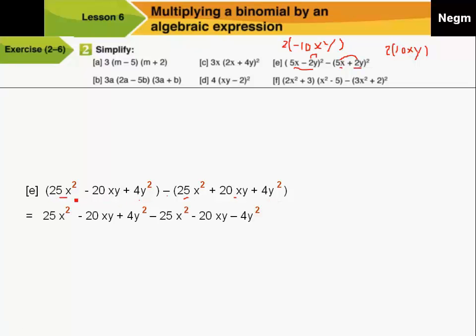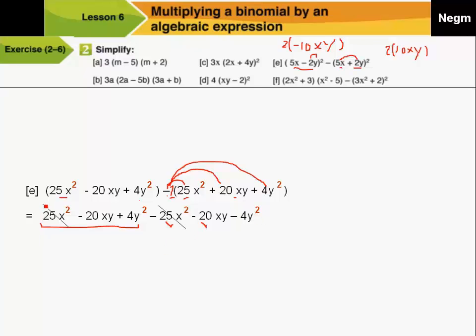We write these three terms, and we have minus 1 in front of this bracket, so we have to multiply minus 1 times 25x squared, which is minus 25x squared, minus 1 times plus 20xy is minus 20xy, minus 1 times plus 4y squared is minus 4y squared.